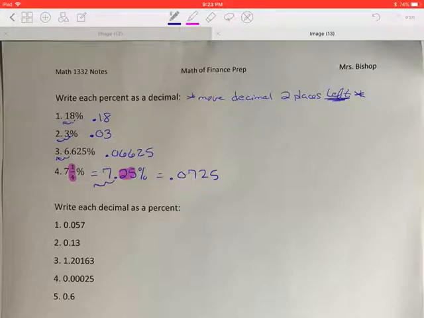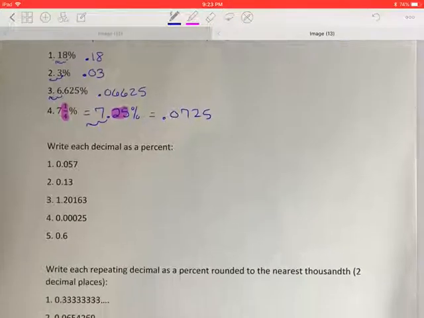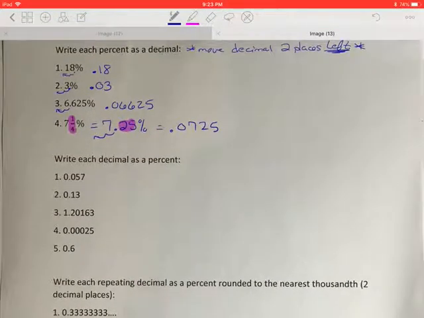All right, so if we are going to go the other direction, write a decimal as a percent, we're going to do the opposite. So this time we're going to move the decimal 2 places right, and put a percent sign.